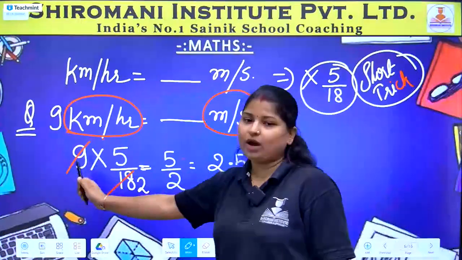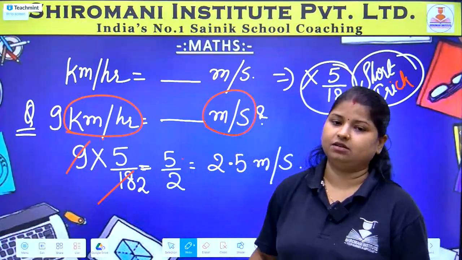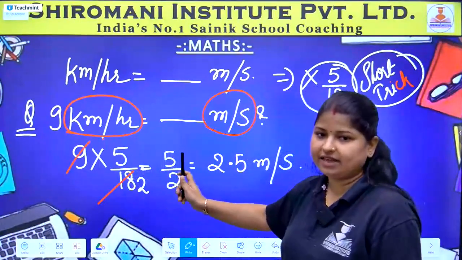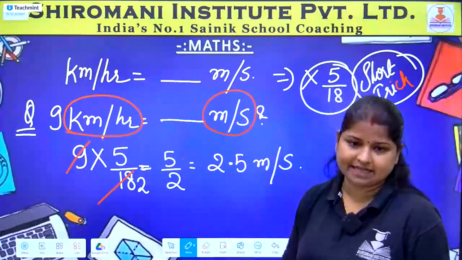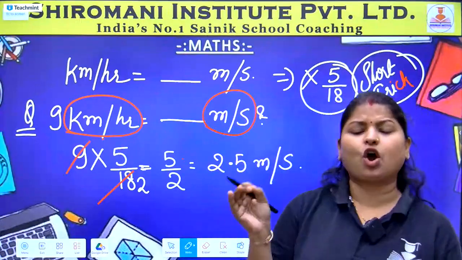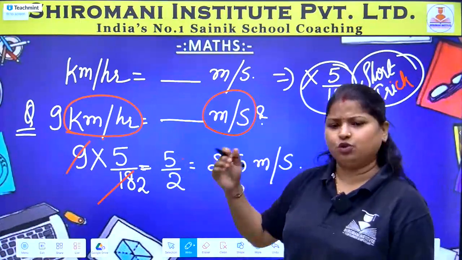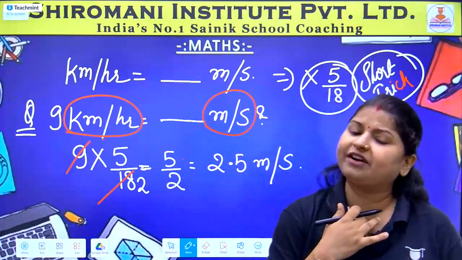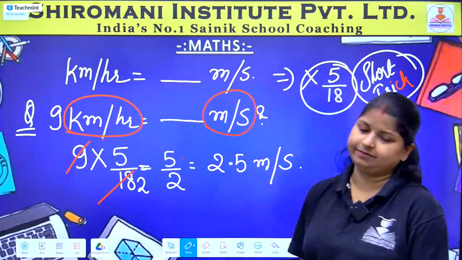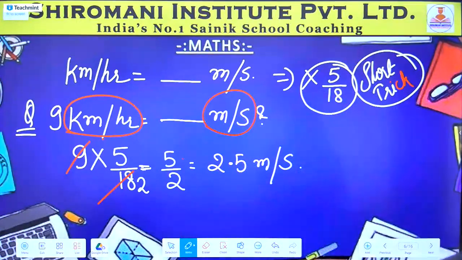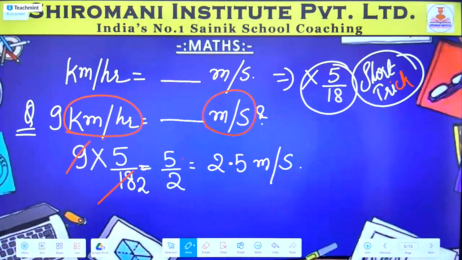Now 9 ones are 9, 9 twos are 18. I am left with 5 in the numerator, 2 in the denominator. So 5 by 2 meter per second. Most probably your options would be in decimals, so divide 5 by 2. You have to divide yourself, okay? You will get 2.5 meter per second.